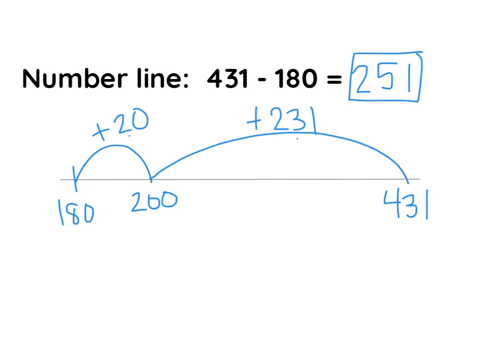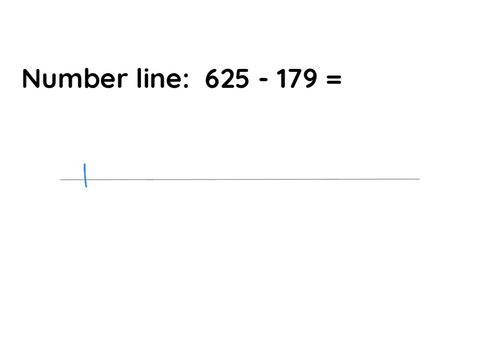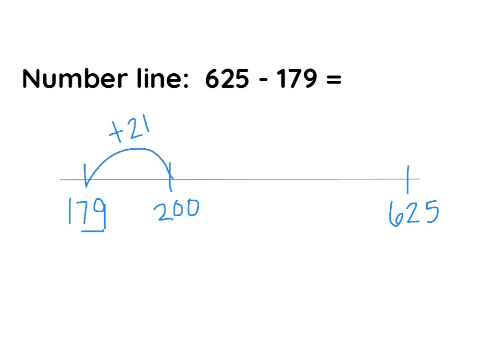Great job on these. Hopefully you've noticed that most of these we can get to the correct answer in only 2 jumps if you know your partners. So I put the next big benchmark, which is 200. Who is 79's partner? 21.